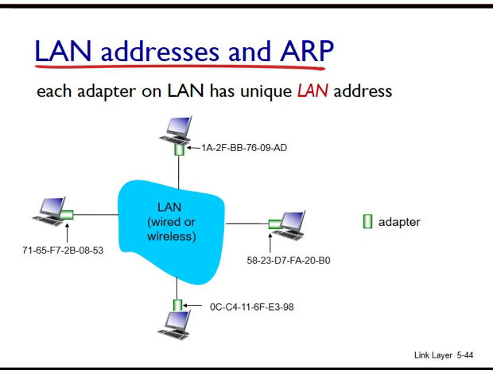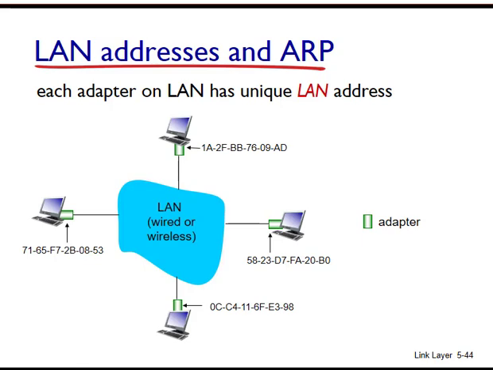A link layer address is called a LAN address or a physical address or a MAC address. Because the MAC address seems to be the most popular term, we'll refer to the link layer addresses as MAC addresses.